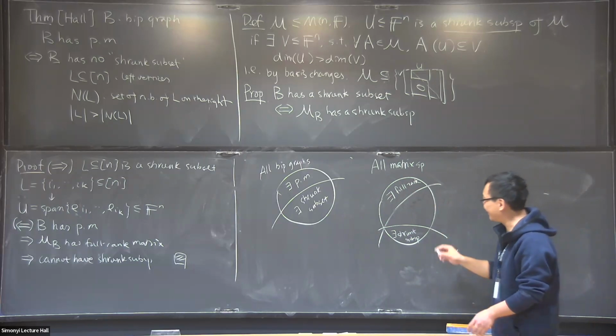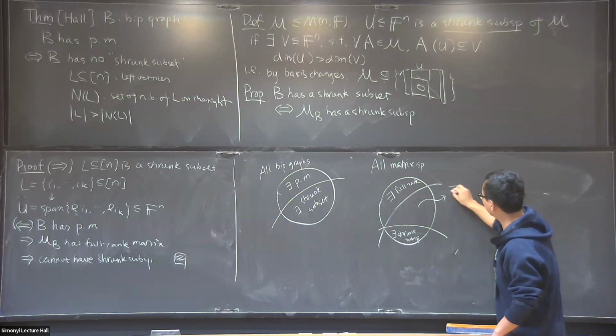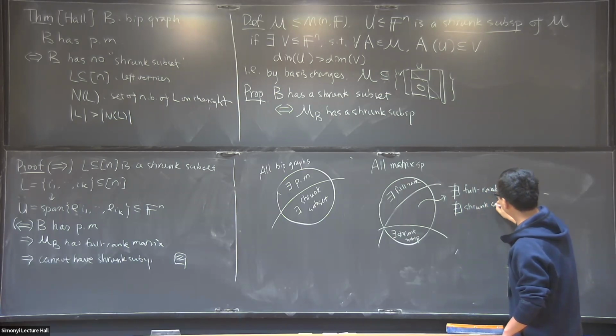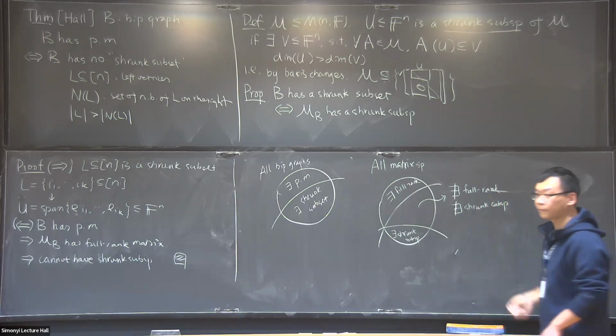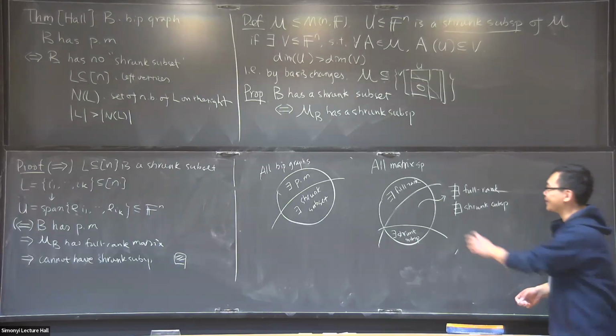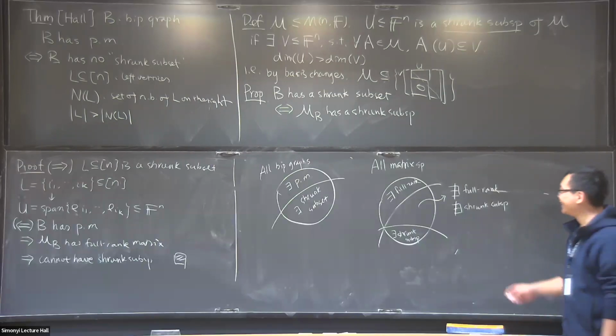But the unfortunate reality is that there exists something in between: it doesn't have full rank, which means that it's singular, and it doesn't have a strong subspace. So that's kind of unfortunate, because if there were no such bad guys there, we would have solved something.